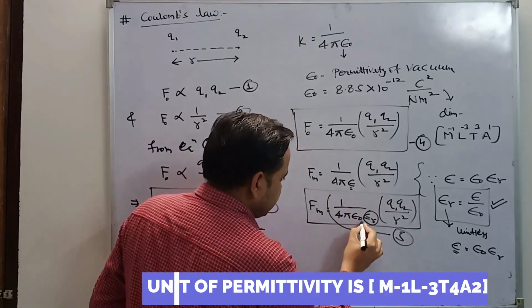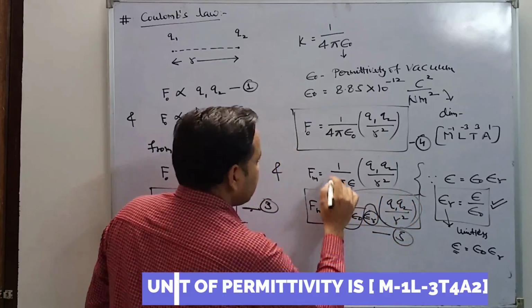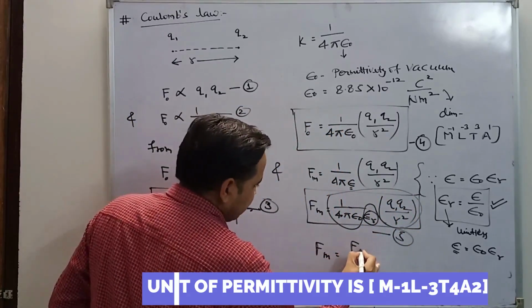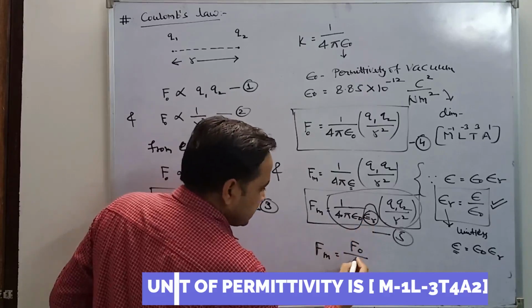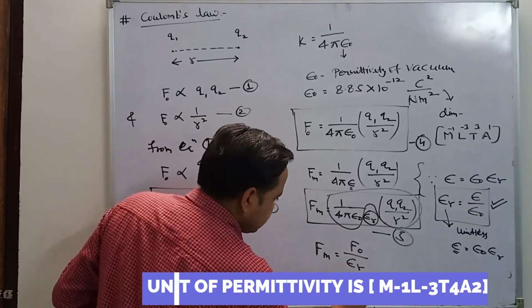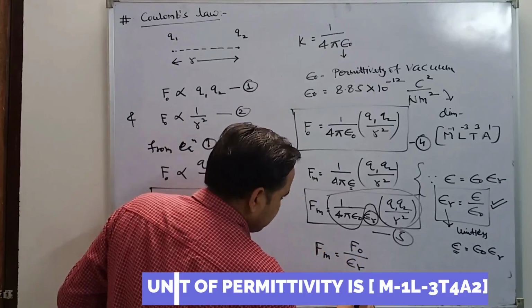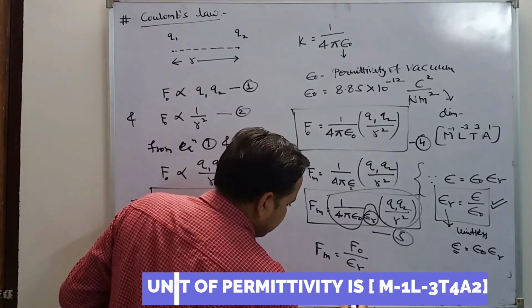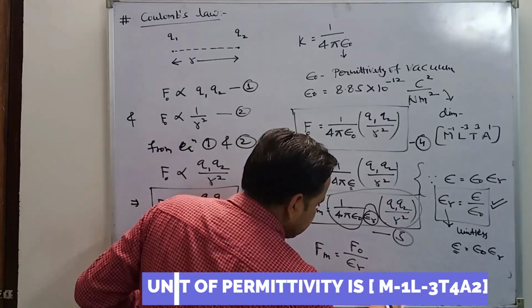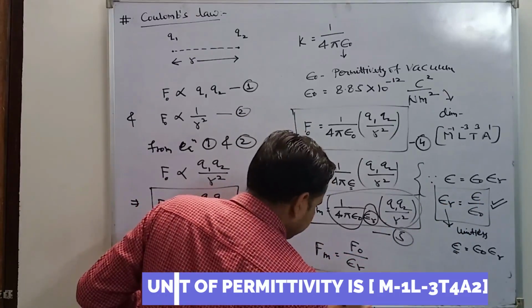So this can be written as f naught. So Fm is what? It is f naught upon epsilon r. So this can be written as epsilon r is equal to f naught upon Fm, or another definition you can say it is epsilon upon epsilon naught.